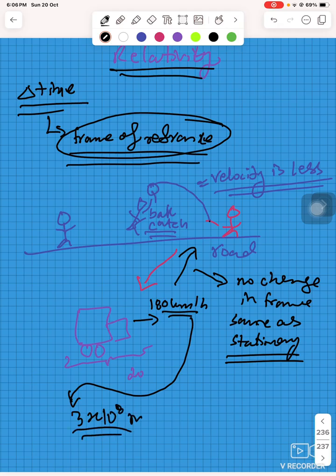Whenever you're trying to get near the speed of light, the effect starts happening, when v is approaching vc.